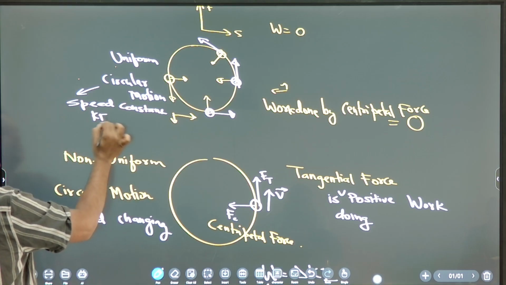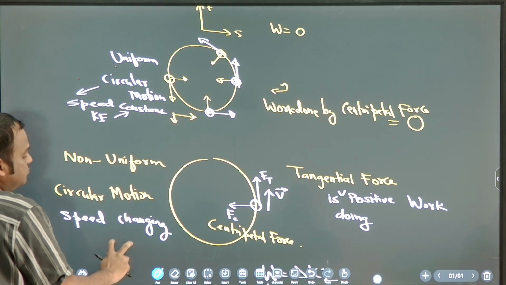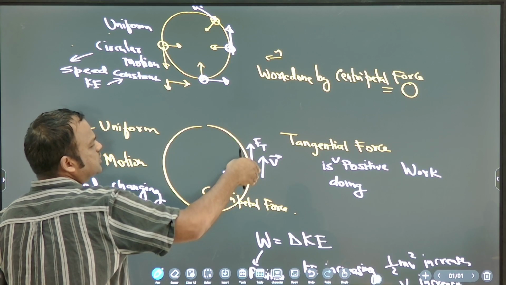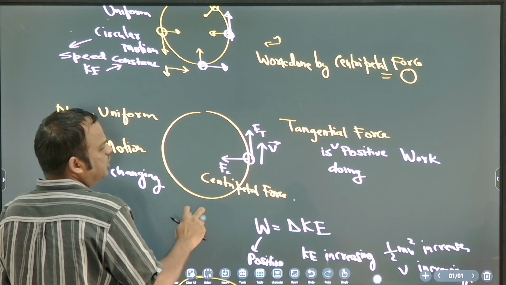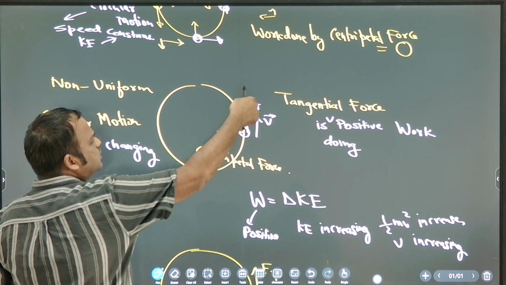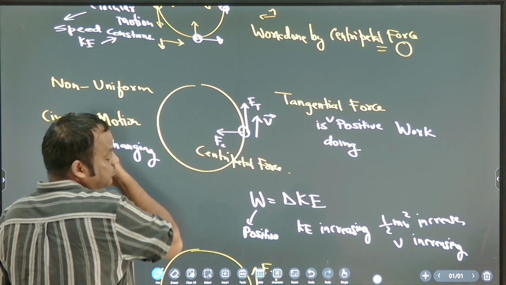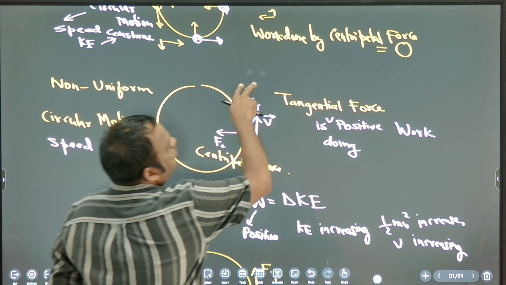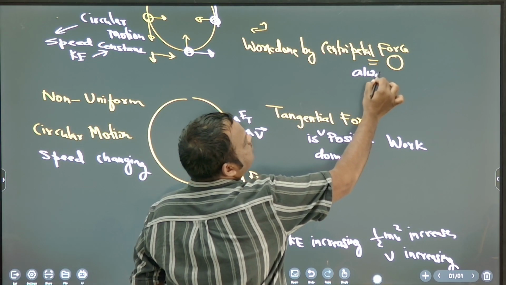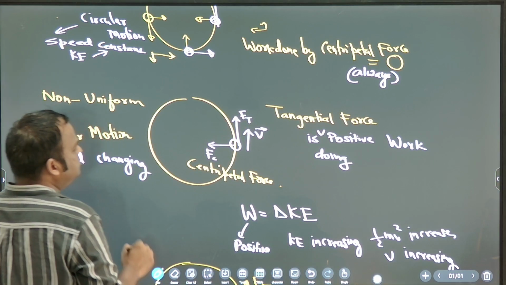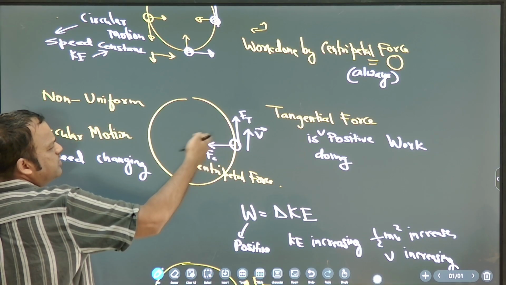Kinetic energy is also constant. When speed is increasing, tangential force and velocity are in the same direction, so work done by tangential force is positive. Work done by centripetal force is always 0. Remember, work done by centripetal force is always 0 because it is always perpendicular to velocity.